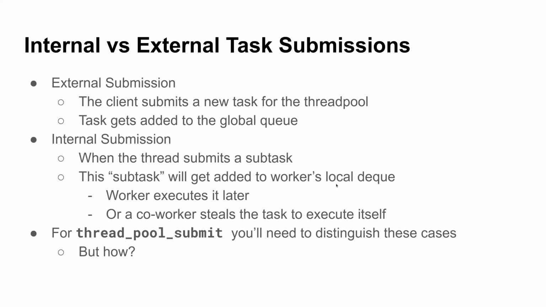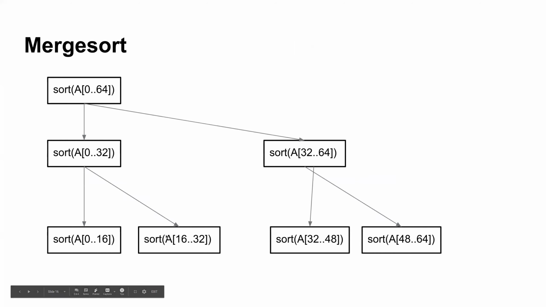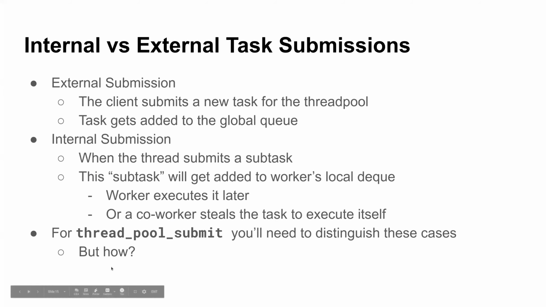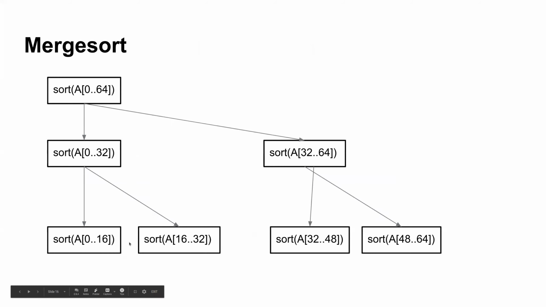You're supposed to add it to the local worker's queue. And you can figure out whether it's an external or an internal submission by using something called thread local storage. That's something I believe is in one of the lectures, but thread local storage is a very useful construct for this project. And as it said, for thread pool submit, you'll need to distinguish these cases. But how? As I said, that's with thread local storage.